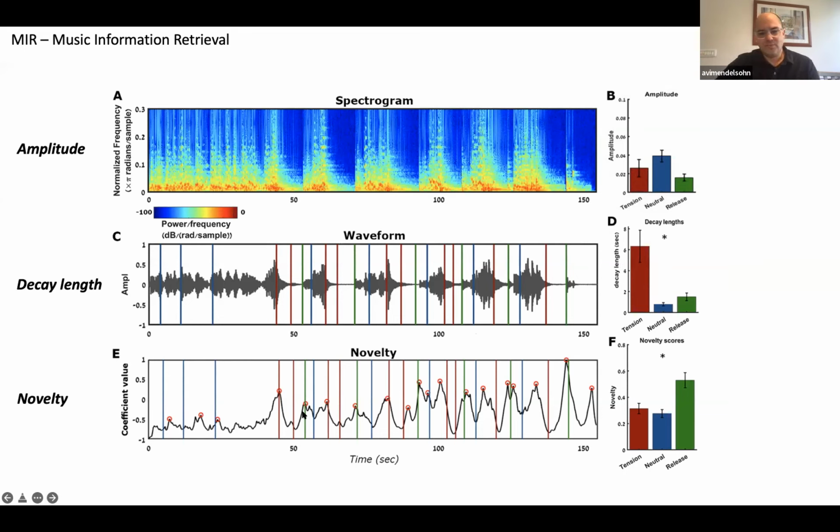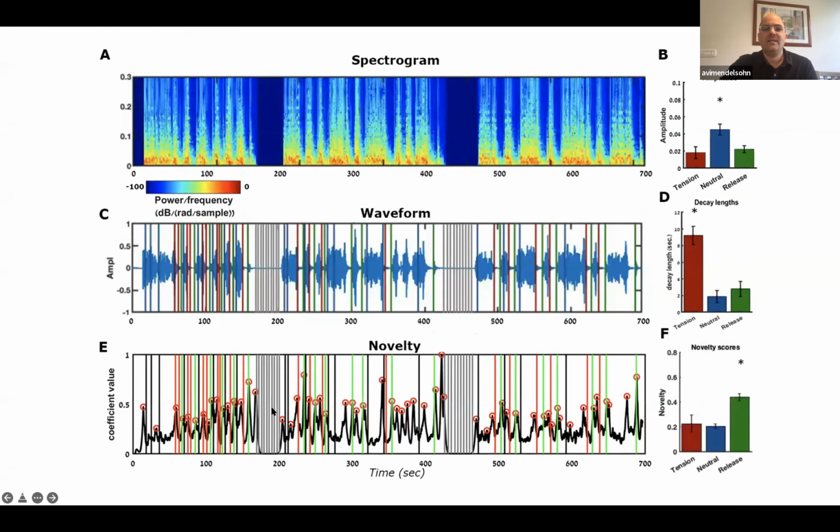But novelty, which has to do with the abrupt changes in musical properties, was higher for the release of tension, which makes sense because those are the times where changes occur in the music from kind of a delay in music to the release of music. So this is how all the musical excerpts look in terms of amplitude, decay, and novelty.